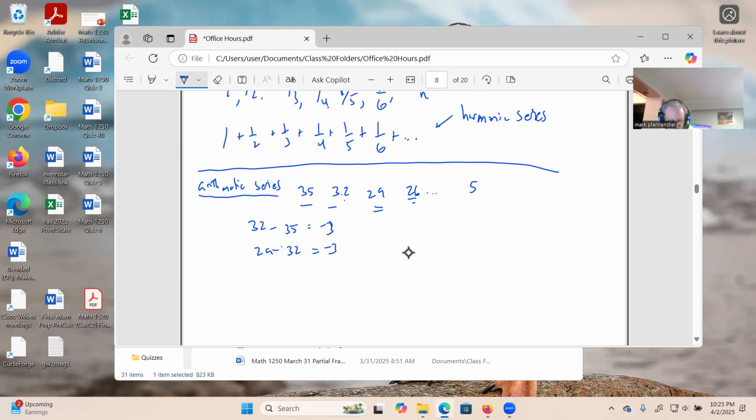If you wanted to add this thing up, we'd have to deal with it this way. So we'd say there's 35, 32, 29, 26, 23, 20, 17, 14, 11, and then subtracting 3, we get 8 and 5.